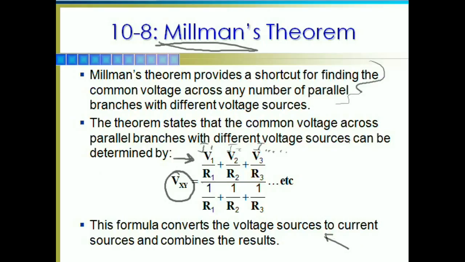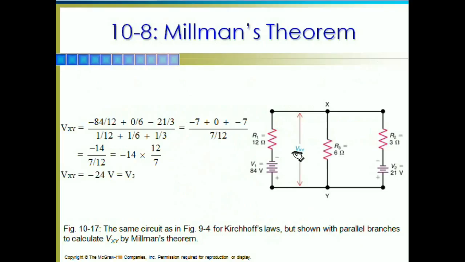And basically what this formula is doing is converting the voltage sources to current sources and combining the results. And let's see if we got an example here. Here we go. Here we have that exact same circuit that we played with in Thevenin and Norton. Now we're going to convert it using Millman's theorem.